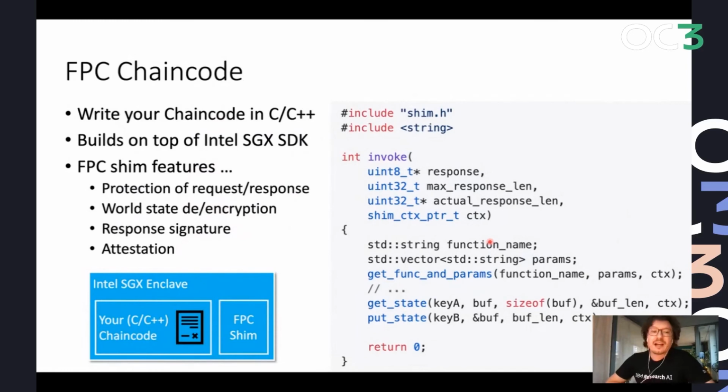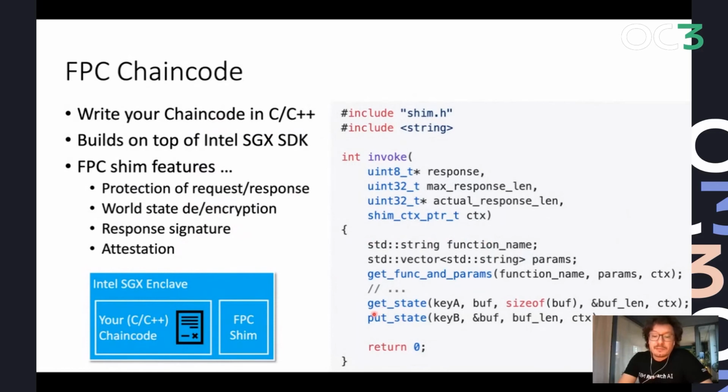I don't know. However, our framework provides us now the capability through an FPC shim to protect all the inputs and outputs by encrypting and authenticating them, and also the world state, as mentioned before.